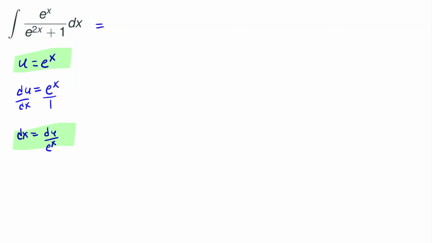We get e to the x over, here this is e to the x squared, the same thing. So we can write u squared plus 1, over du over e to the x. Now you might have noticed, why didn't I plug in u here?